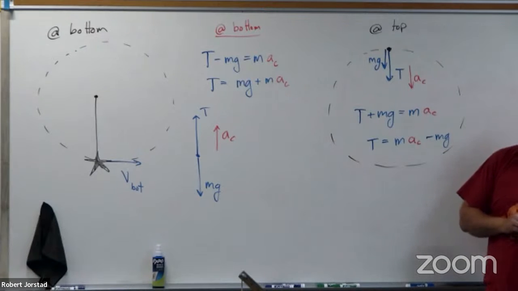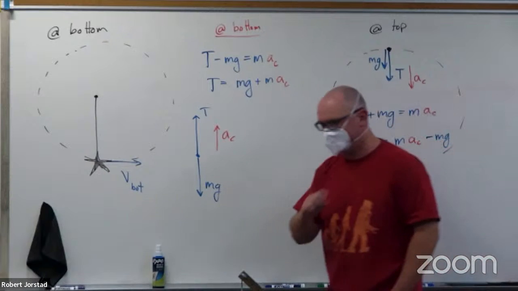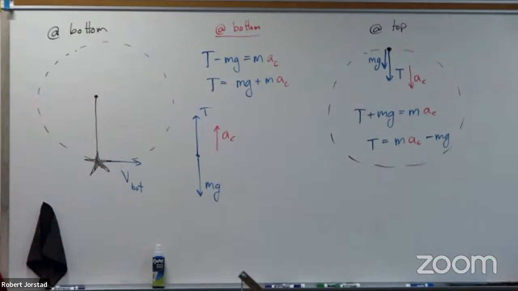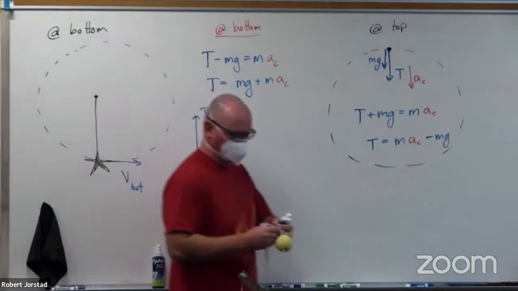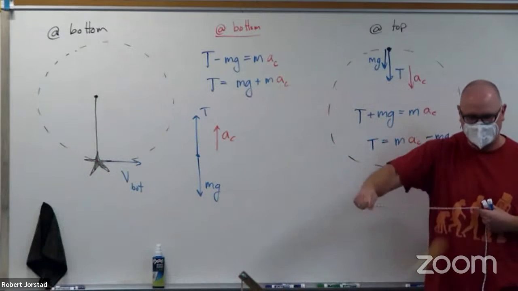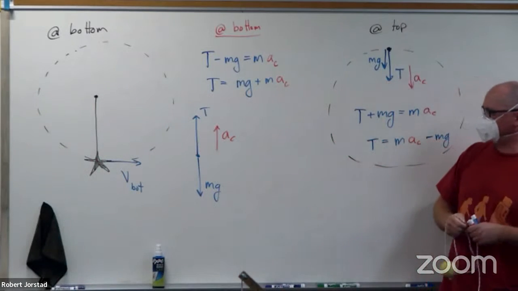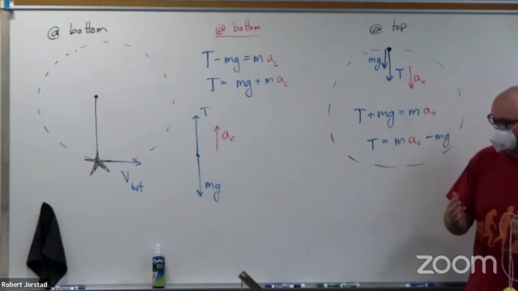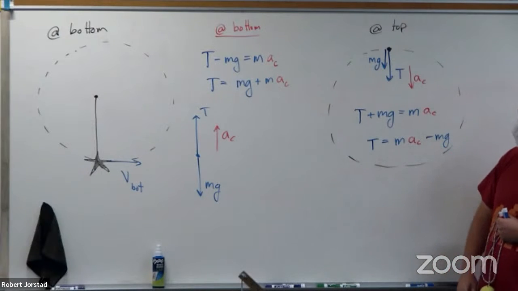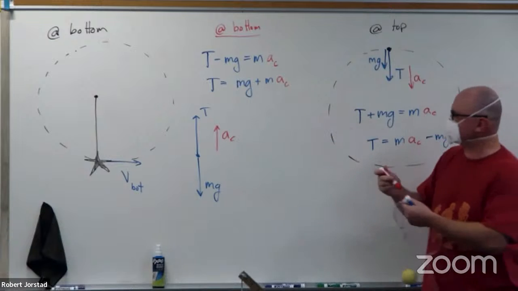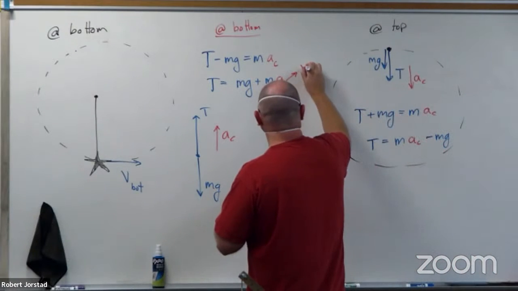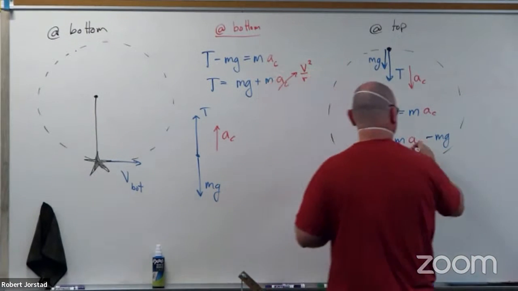What happens if you spin this thing hella fast? What should happen to the tension if you swing it faster? Tell me. Why? Which term changes as you swing this thing faster? a_c. Do you agree there's a v squared over the radius in there?